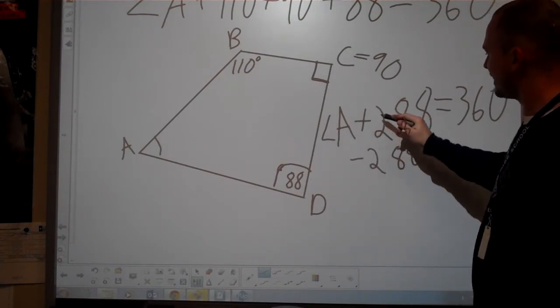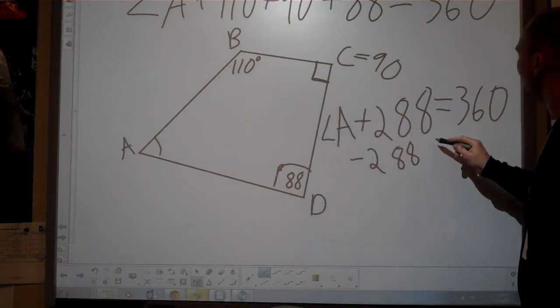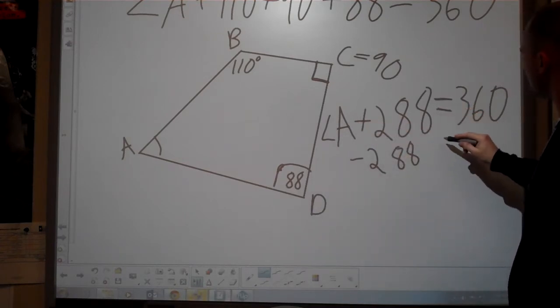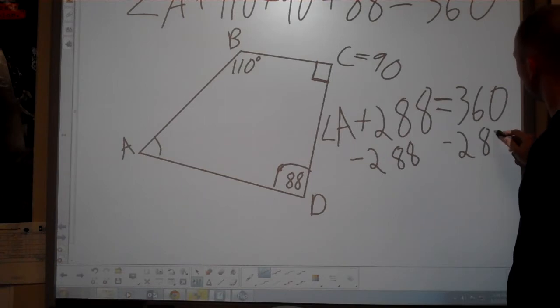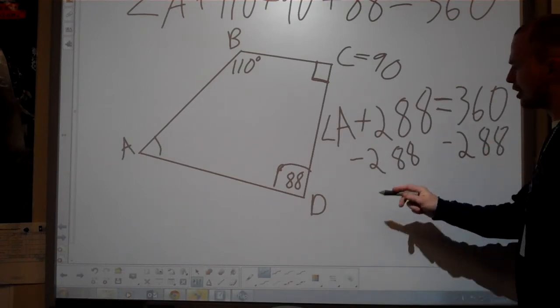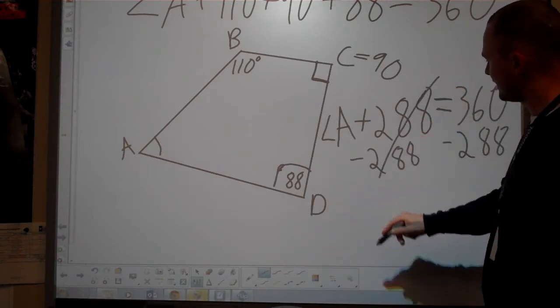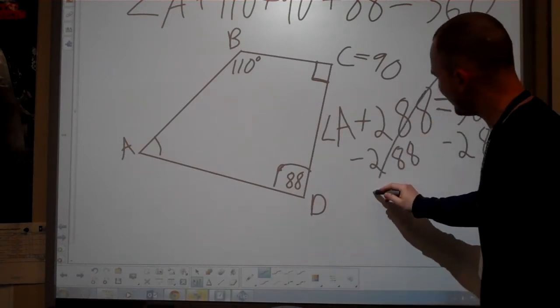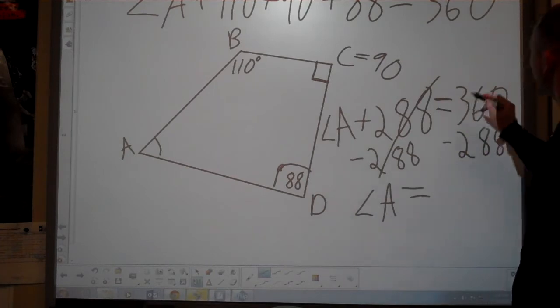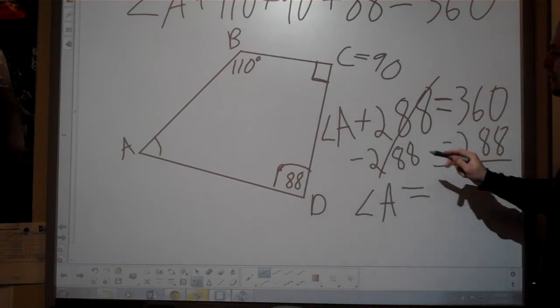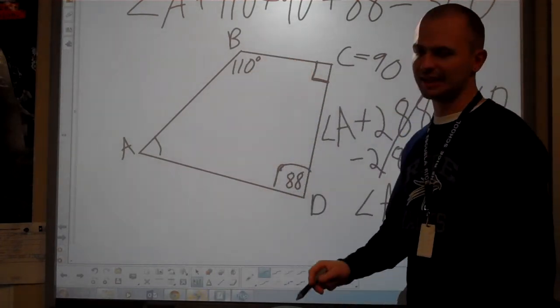If I subtract 288 from this side of the equation, I must also, to keep this equal, subtract 288 from this side of the equation. So, angle A plus 288 minus 288, they cancel out. So I have angle A equals 360 minus the sum of these other three angles.